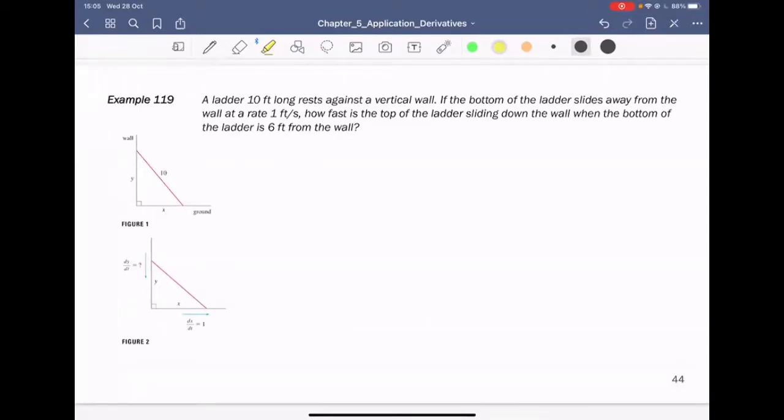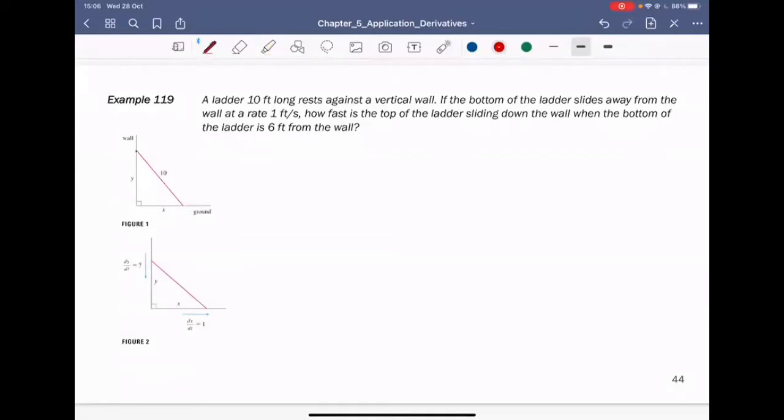If the bottom of the ladder slides away from the wall at the rate of 1 foot per second, how fast is the top of the ladder sliding down the wall when the bottom of the ladder is 6 feet from the wall? If this is not given in a picture, you should be able to draw it by yourself. But this is the very first example, so I'm going to draw a picture for you.